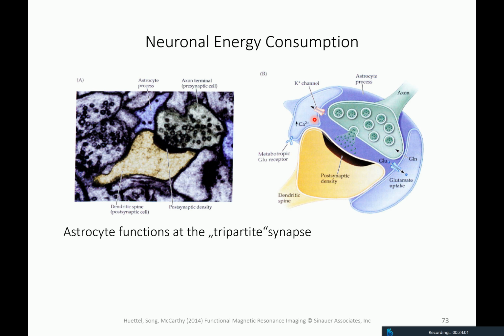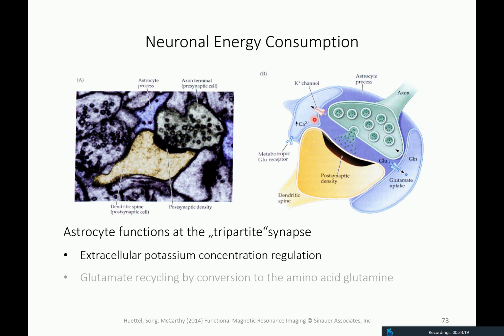Together, these pre-, postsynaptic and astrocyte units are called tripartite synapses. They are thought to contribute to the concentration of, like I said, ions, extracellular potassium, and do glutamate recycling.